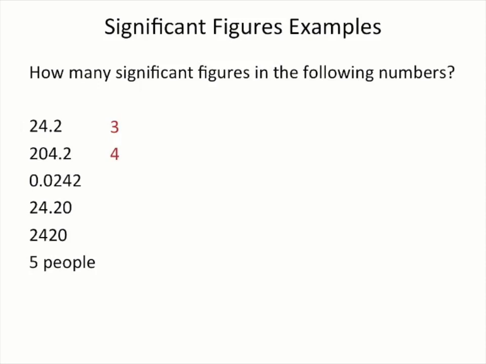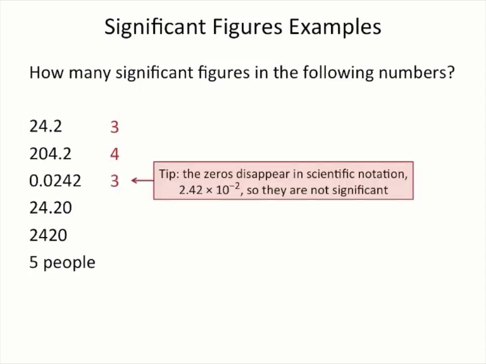Whereas if you say 0.0242, the 2 zeros on the left are not significant because they're just there to determine place value, and they don't count in the measurement. So you have 3 sig figs in this number. One handy tip is if you were to put 0.0242 into scientific notation, the zeros on the left go away, which means that they must not be significant.